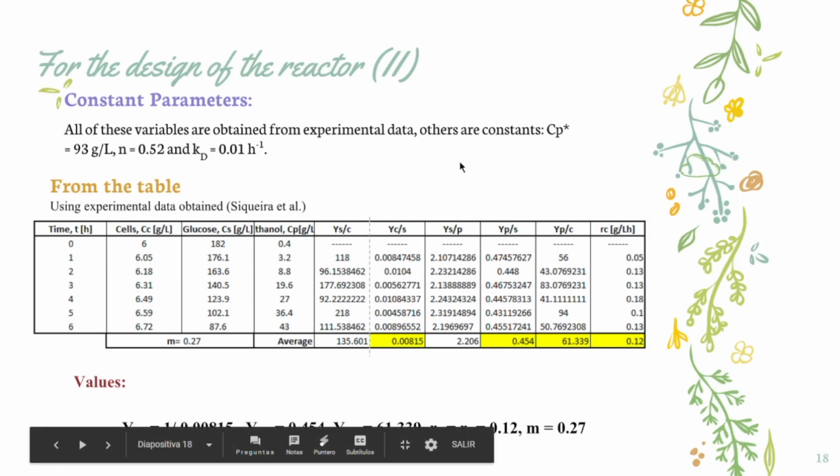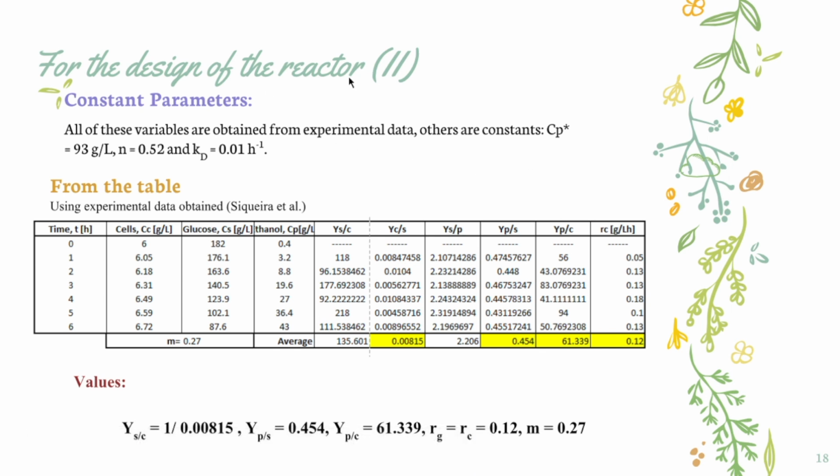First, we need to define what the constant parameters are. Not all the parameters that we are using depend on the concentration. Some of them do, some of them do not. So we have here these parameters that are constant. These are defined by the system, mostly on the cells or the enzyme.